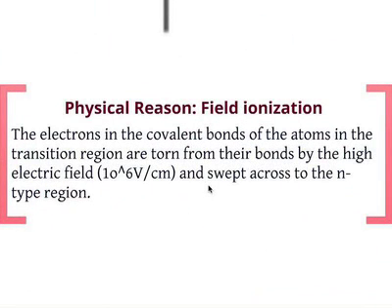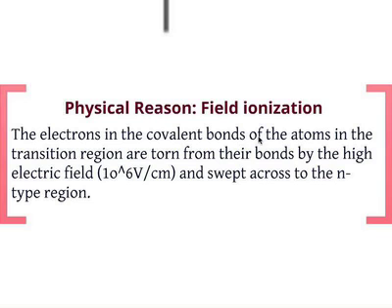The physical reason for this is actually interesting: when the fields get really high, the electrons get pulled out of the covalent bonds of the silicon atom. They break the bonds essentially, and they get pulled across to the other side. That's another way to think about this tunneling behavior.